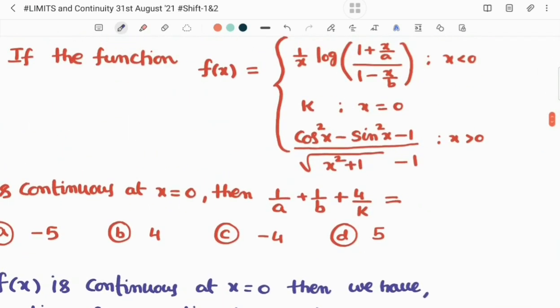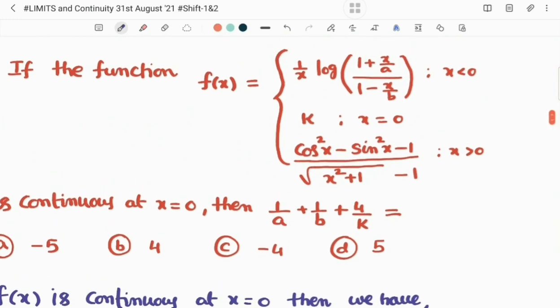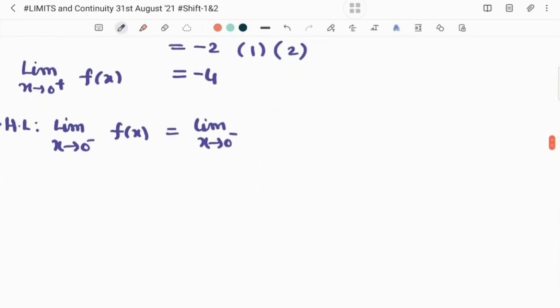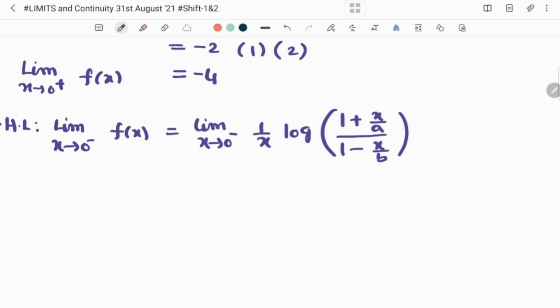X is less than 0 means 1 by x into log of (1 plus x by a) by (1 minus x by b). Log a by b we can write as log a minus log b.